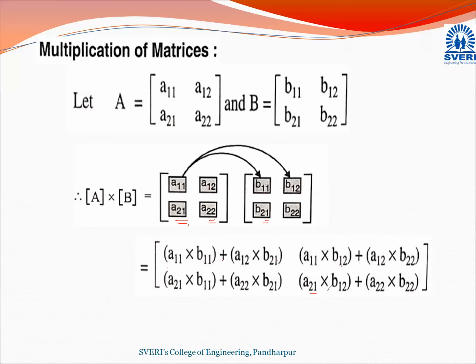Next, A21 into B12 plus A22 into B22. So this type of multiplication we are using for two matrices.